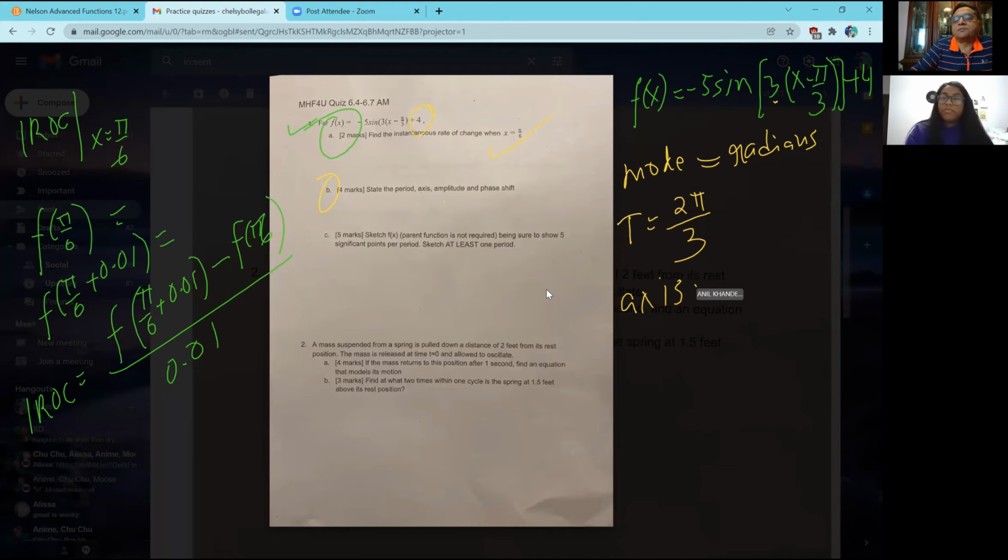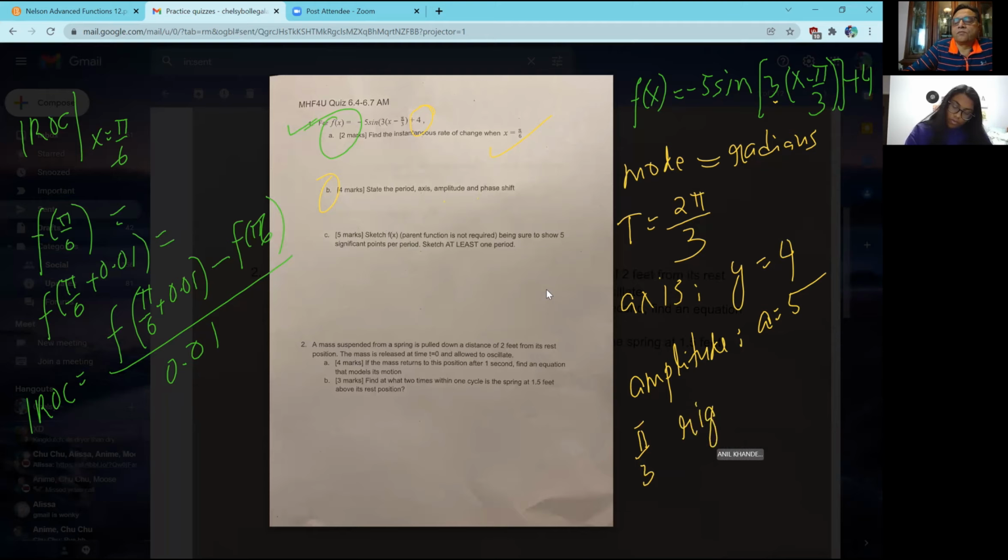So axis is y equals to 4. Amplitude is 5. A is 5. Phase shift is pi by 3 to the right. So that is how you can answer part B.